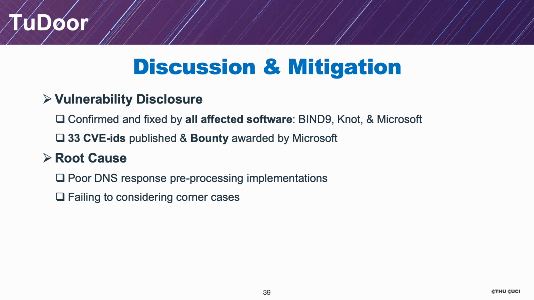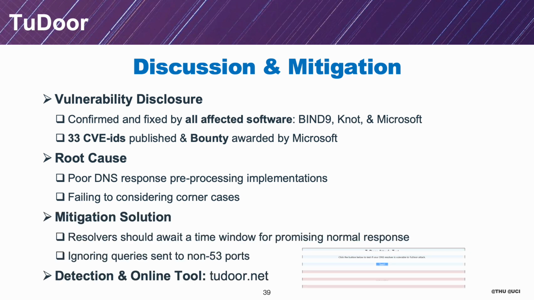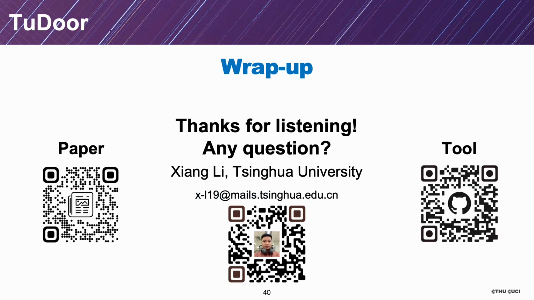So we suggest standardizing the DNS response pre-processing logic to consider corner processing cases. Specifically, resolvers should avoid a time window for accepting normal responses and ignore queries sent to non-fixed ports. We also released online tools to detect vulnerable resolvers. So this is my share today. Thank you all for your attention.